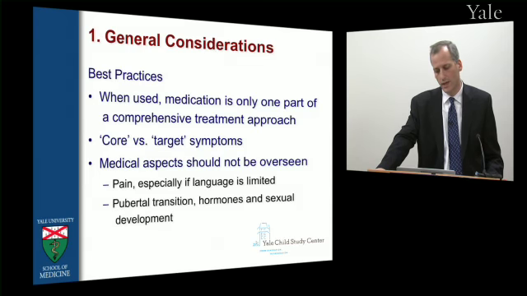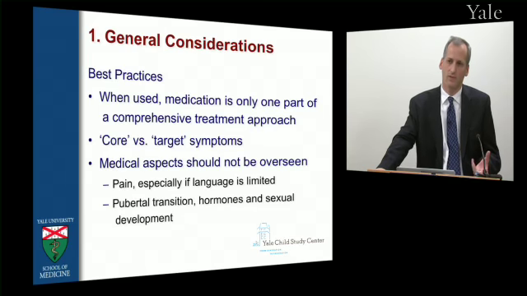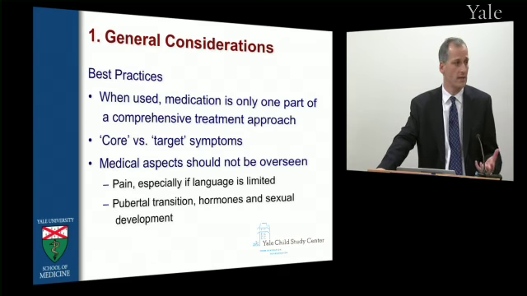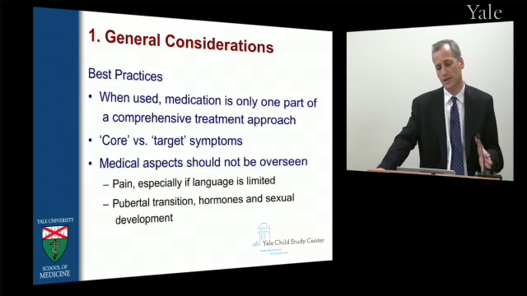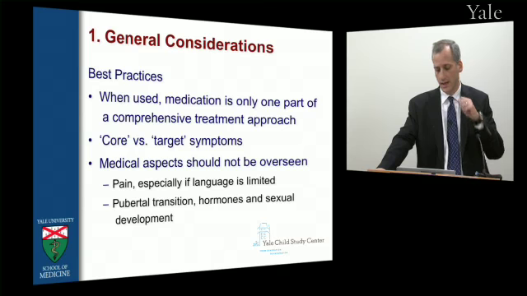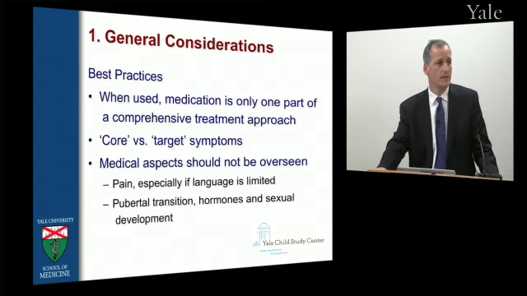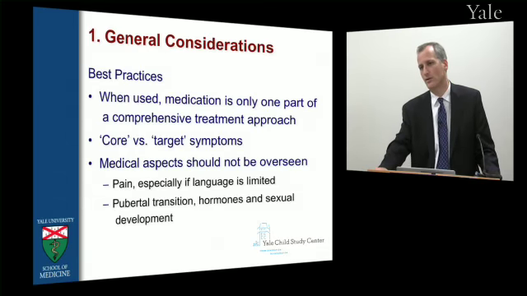Importantly, the medications that we use nowadays are mostly used for target symptoms, for problematic behaviors associated with autism, but not necessarily for the core symptoms, for the guts of the disorder, for the social impairment, for example. We don't, as of yet, have medications to treat that, but we have medications that can be very helpful for some of the associated target symptoms, and if we can make an improvement on those, we can have a significant impact on the lives of children.